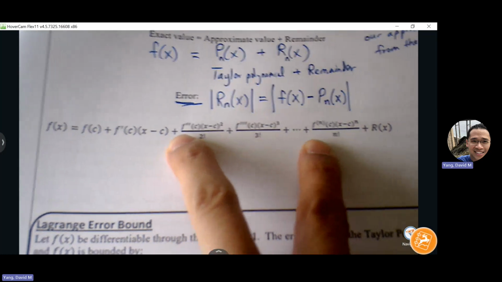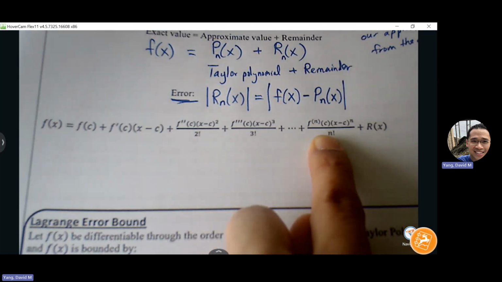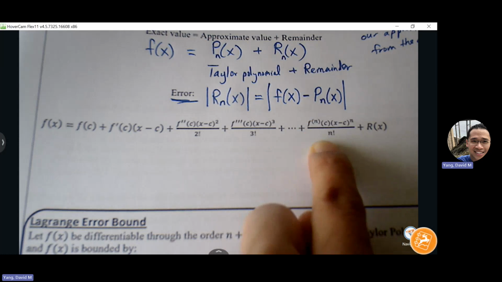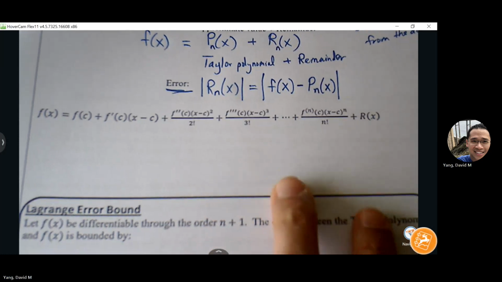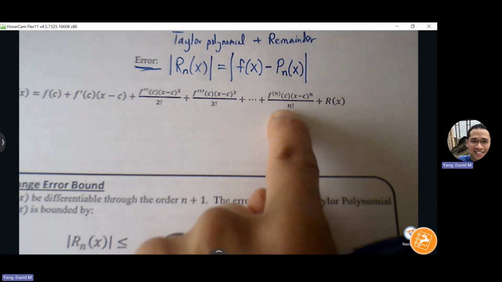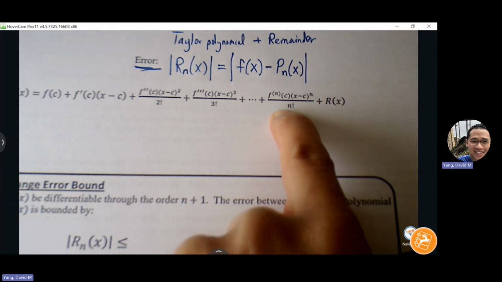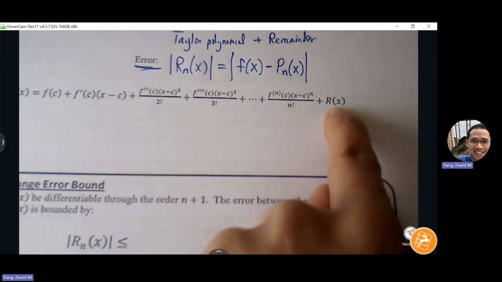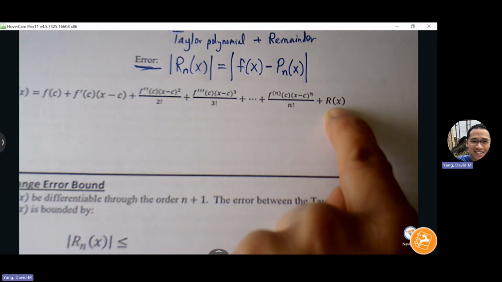And we just keep going until we get to our nth Taylor polynomial. It could be the 100th, could be the 200th, could be the 5th. Unless we go out to infinity, there's always going to be some remainder.